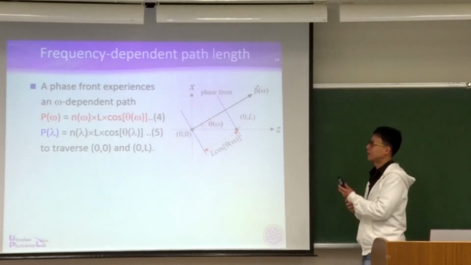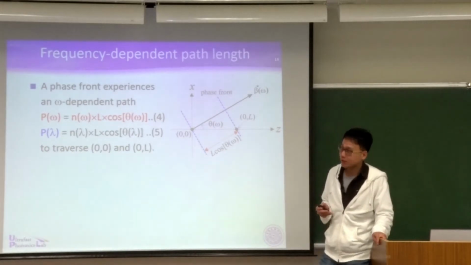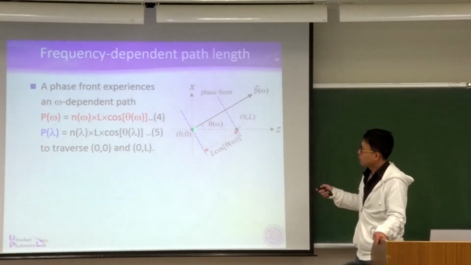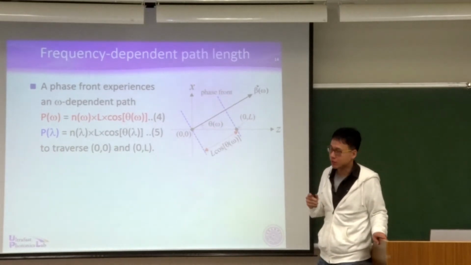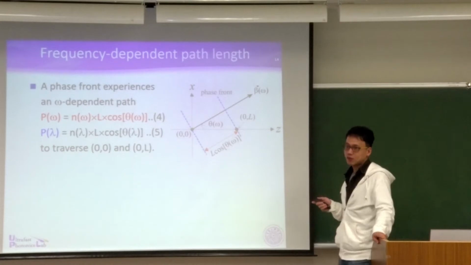So this is the way we can justify the frequency-dependent distance. Say you have angular dispersion, so the beta of omega arrow points in a different direction for different colors. Then how about the phase front? What is a phase front?